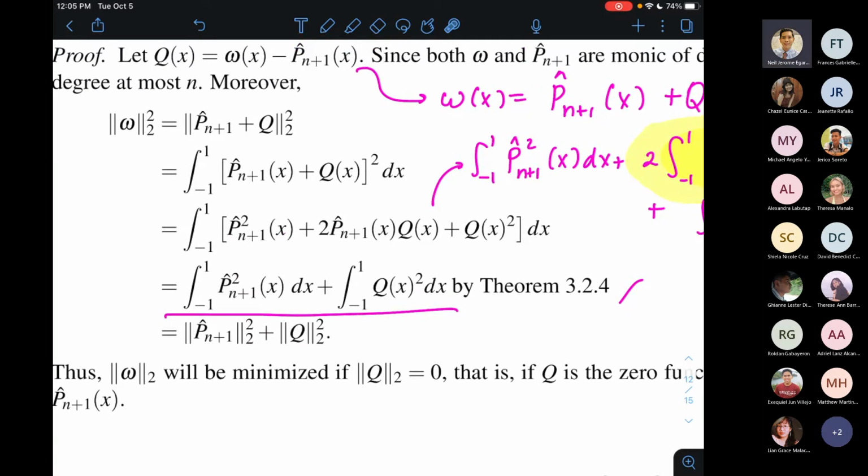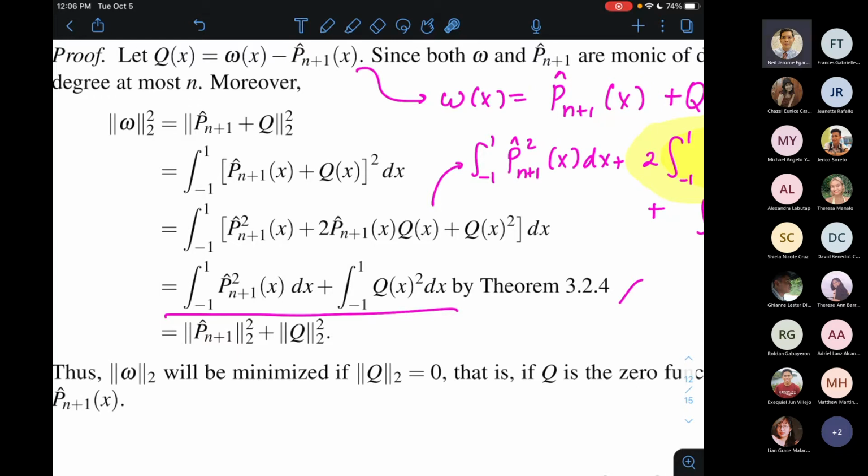Paano natin mami-minimize yung L2 norm ni omega? Knowing that the L2 norm of omega is equal to this. No takers?